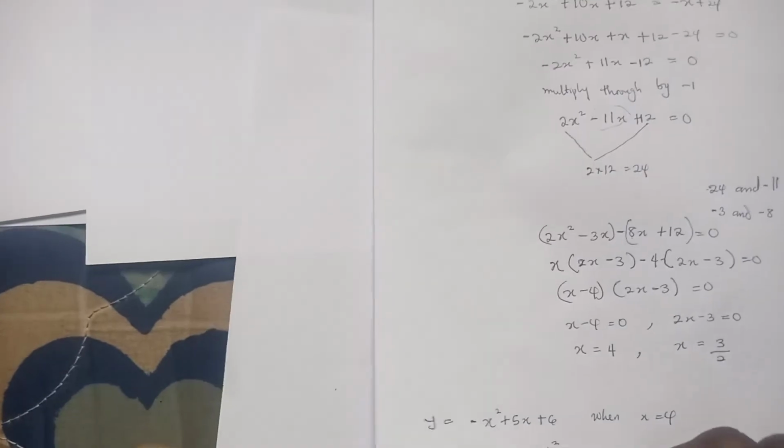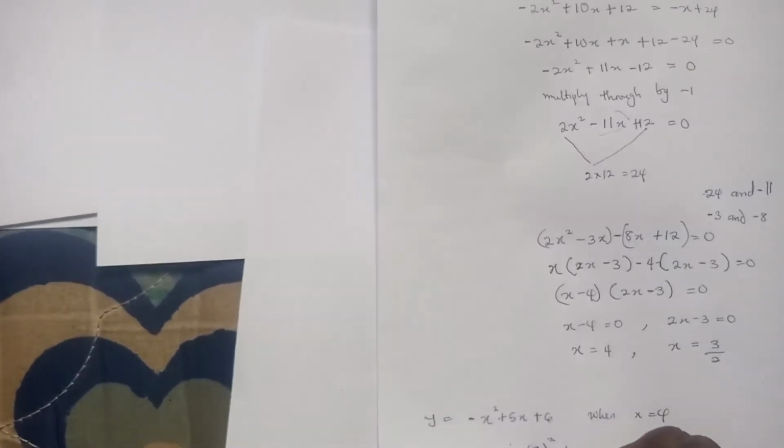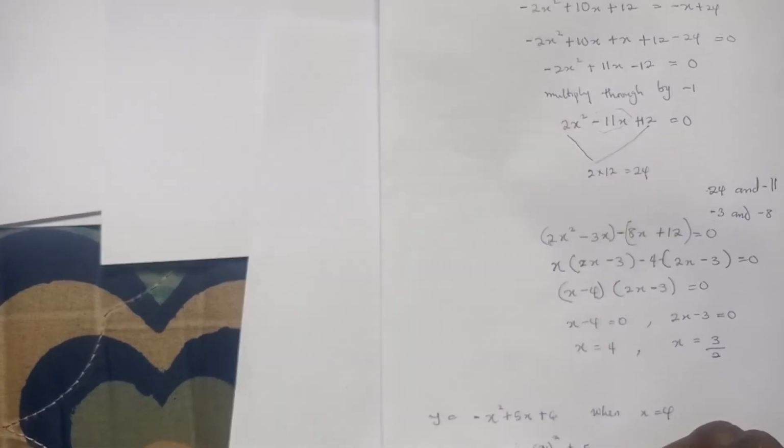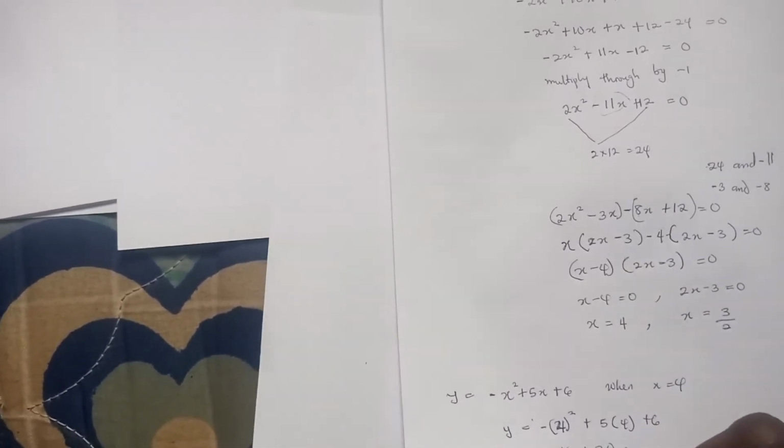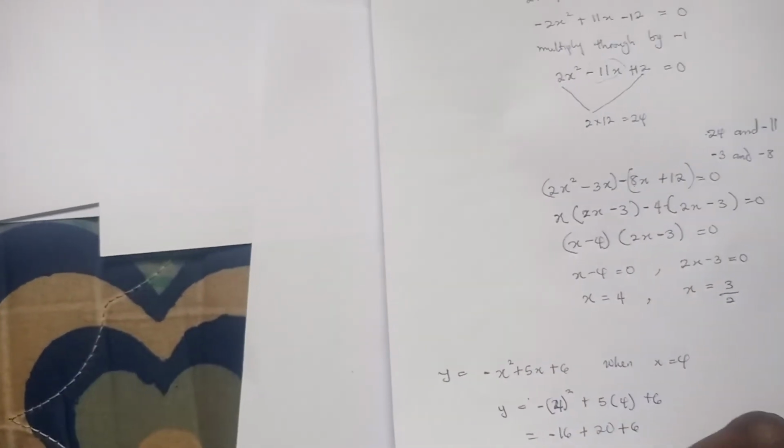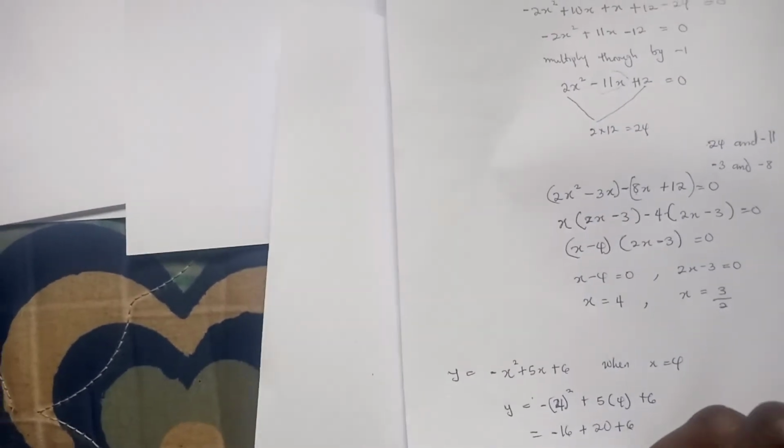So when x is equal to 4, what do we have? y will now be equal to minus 4 squared plus 5 into bracket 4 plus 6. So we have minus 16 plus 20 plus 6. If you do this, this one will give you 10.